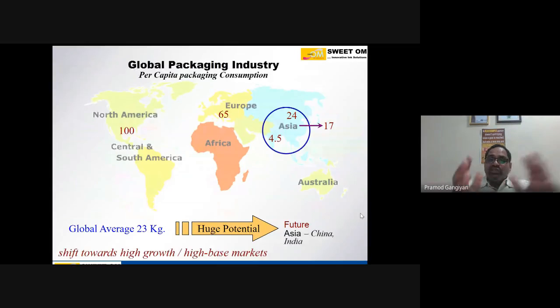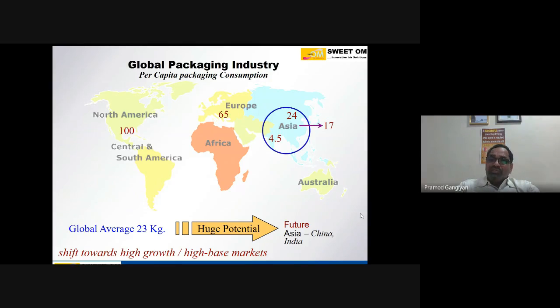If you see the global trend, this was the Indian trend. If we talk about Asia, there is 17 kgs per capita consumption. It means one person in Asia in a year is consuming 17 kgs of packaging material. This is not the packaging product, it is packaging material. 17 kgs in a year, one person is using.